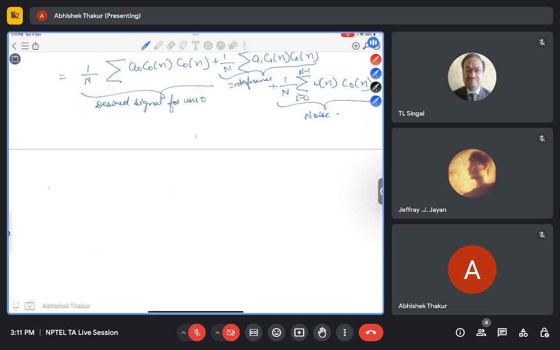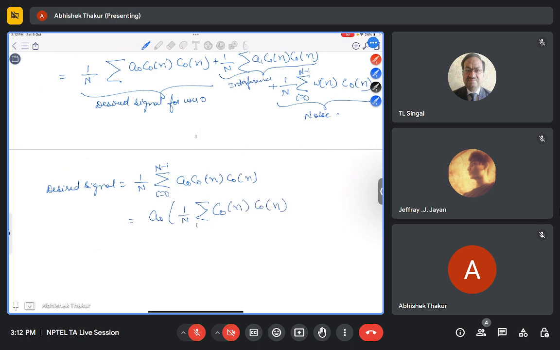Now the desired signal we can write as 1 by N times the summation of A0 C0[n] times C0[n].